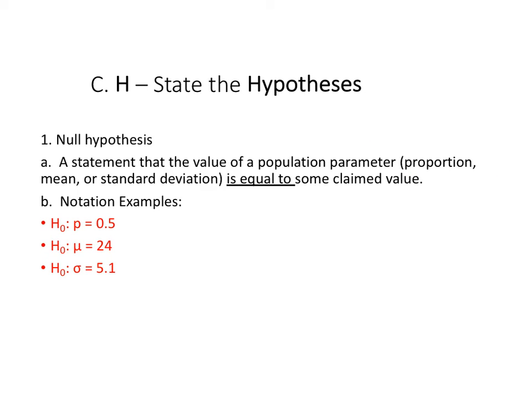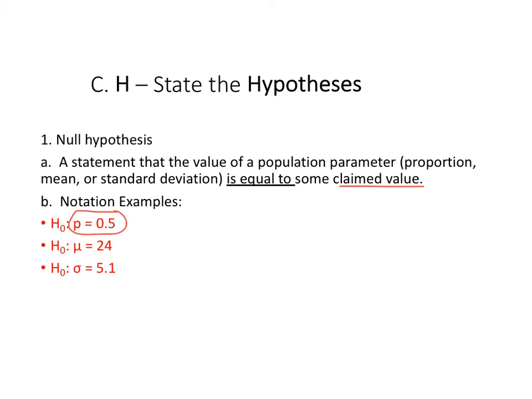Now to state the hypothesis. There's a new vocabulary word, the null hypothesis. A null hypothesis is, once again, what you are thinking is true, what is being claimed. For example, going back to that deck of cards, I would have said I'm claiming it is a fair, normal deck, 50% red and 50% black. So I'm claiming that the proportion of my population is 50%.